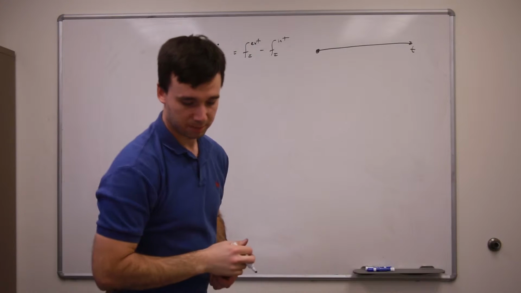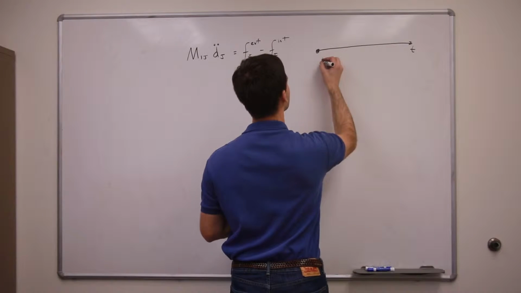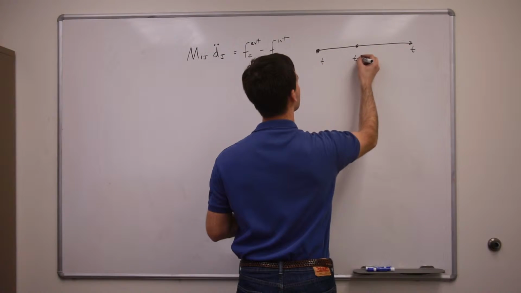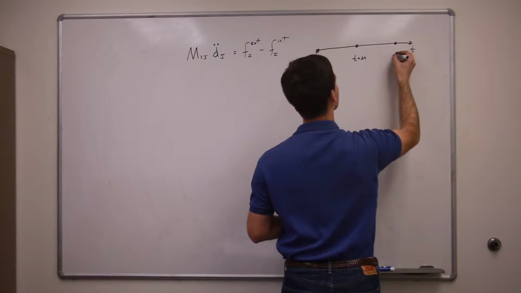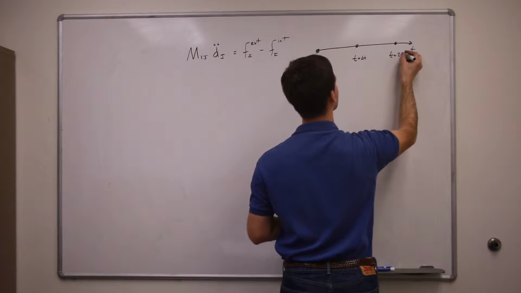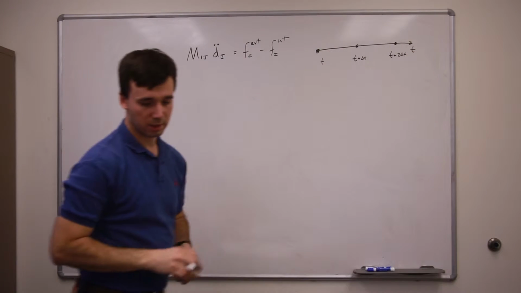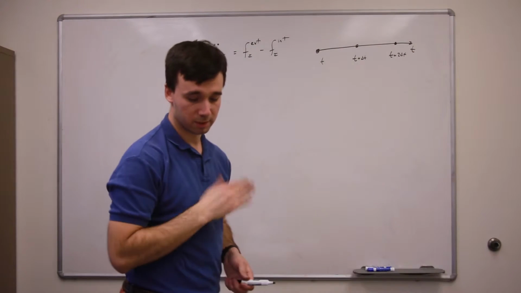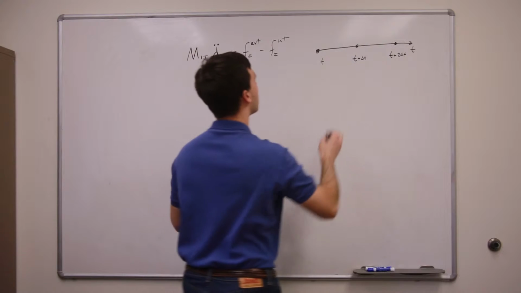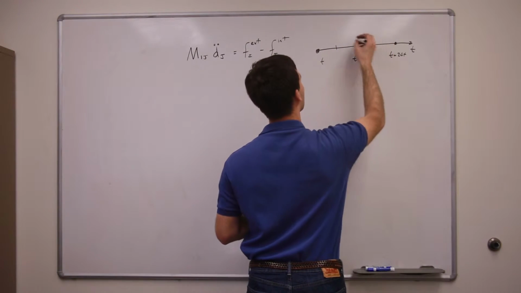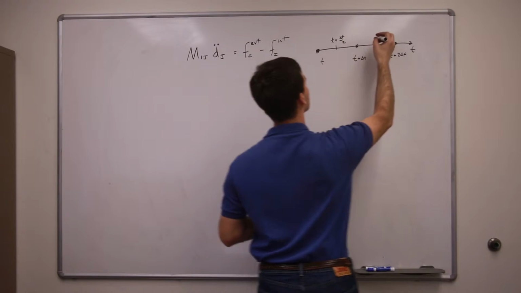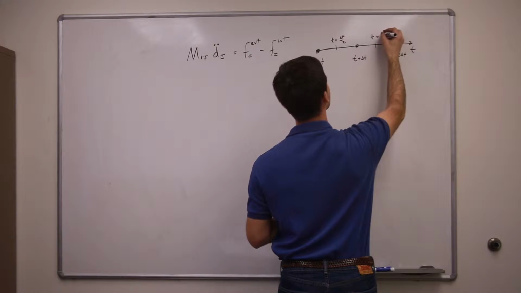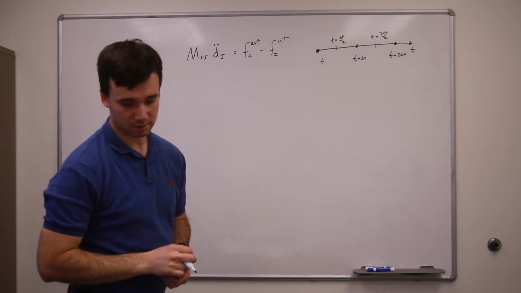I'm going to draw steps t, t plus delta t, and t plus 2 delta t. So that's my axis in time, with discrete steps in time. And then at halfway, I have t plus delta t over 2 and t plus 3 delta t over 2. So those are my half steps in time.